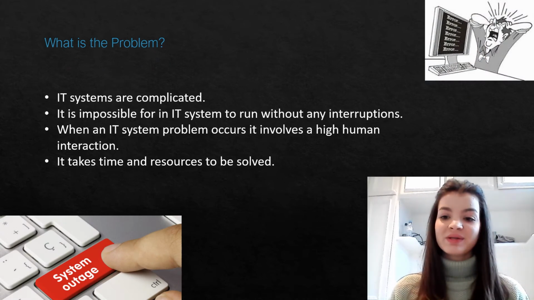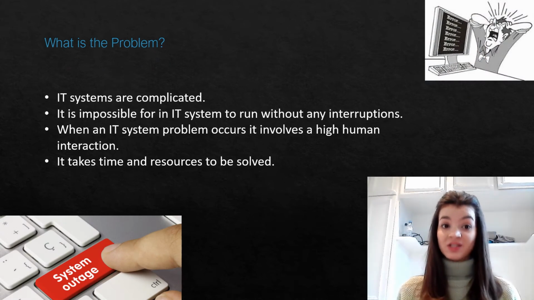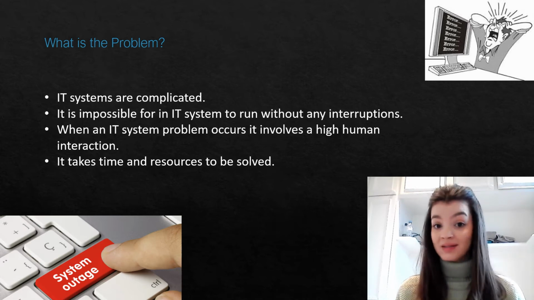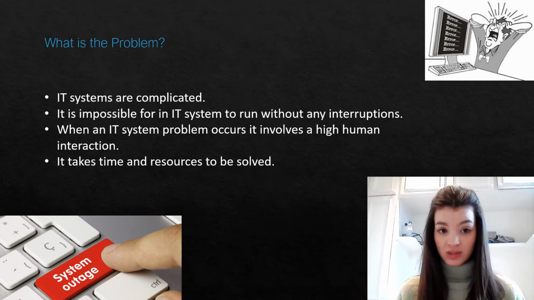So here we're going to be talking about the problem that this innovation is solving. As we all know, IT systems are way too complicated, and it is almost impossible for any IT system to run without any interruptions.